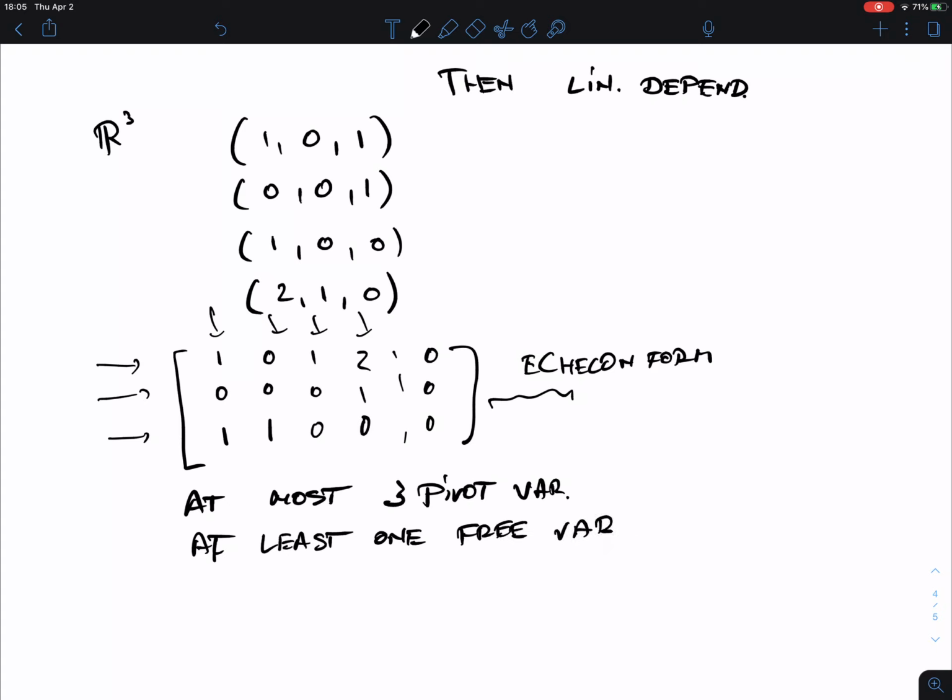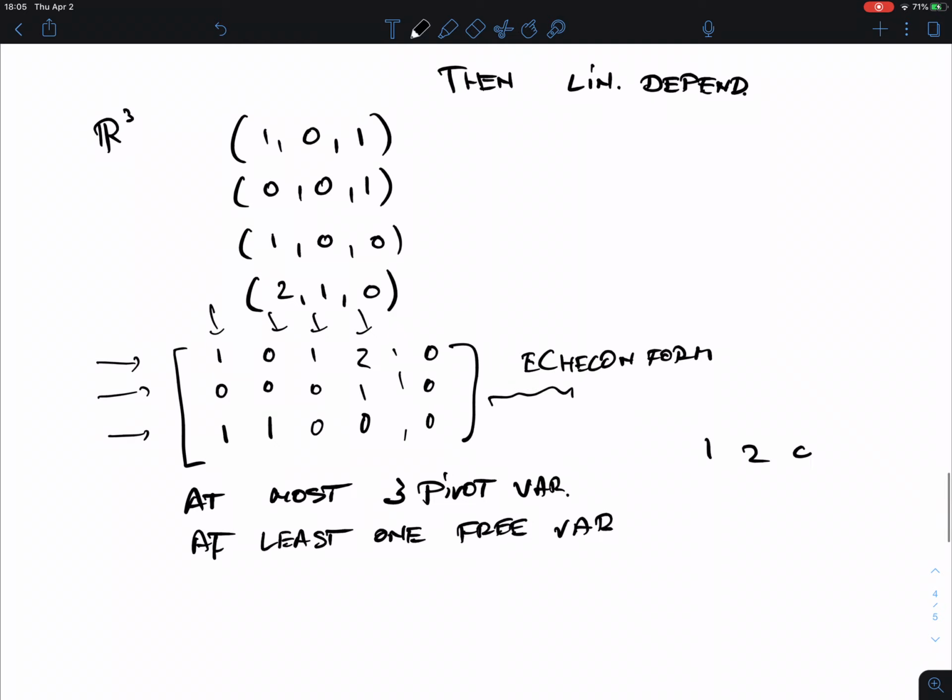Okay, so for instance, it could look something like this, right? Let's say our reduced echelon form is something like this. Sorry, that's not an echelon form. So this could be, let's say 3, and this could be 0. Suppose this is not an example, right? But let's look at another example.